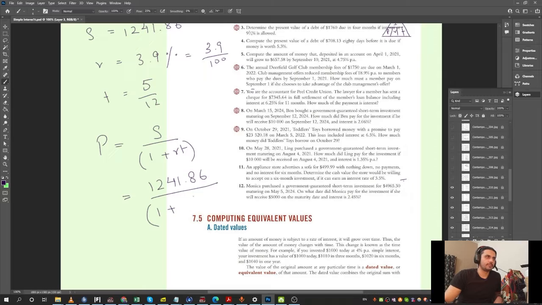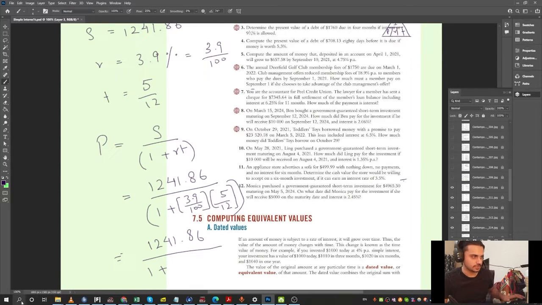So that would become 3.9 divided by 100, multiplied by 5 over 12, right? And when we calculate all that, let's see, what do we get? 1241.86 over 1 plus.